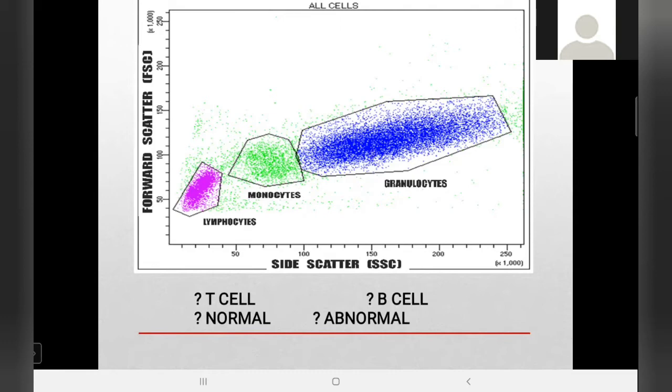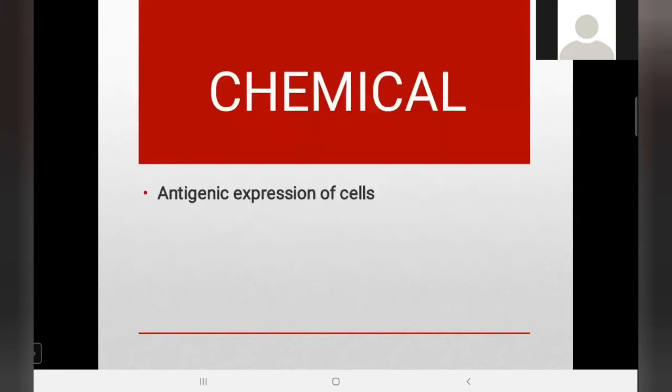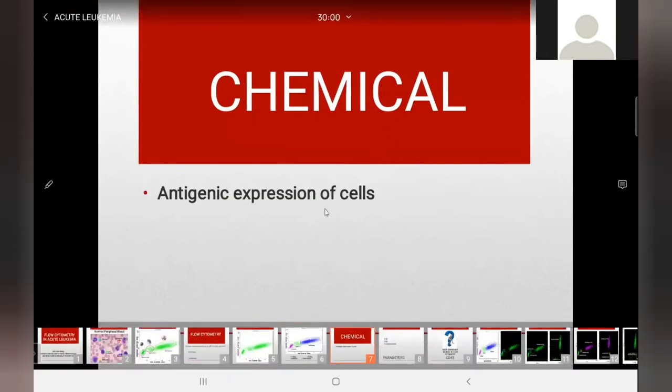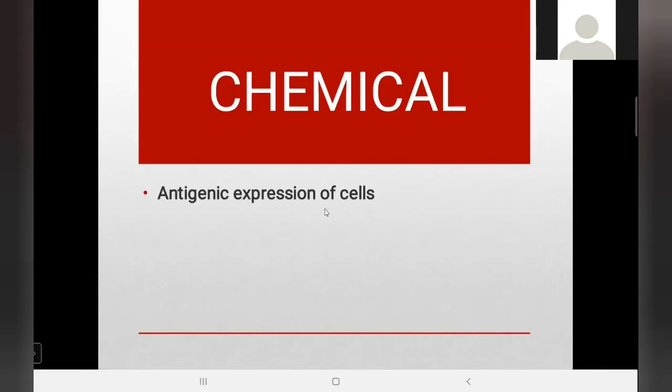Here comes the value of the chemical properties of the cell. When we talk about the chemical property, we are talking about the antigenic expression of the cell. When I say antigenic expression, I am talking about the fluorescence of the cells, because we are using antibodies.